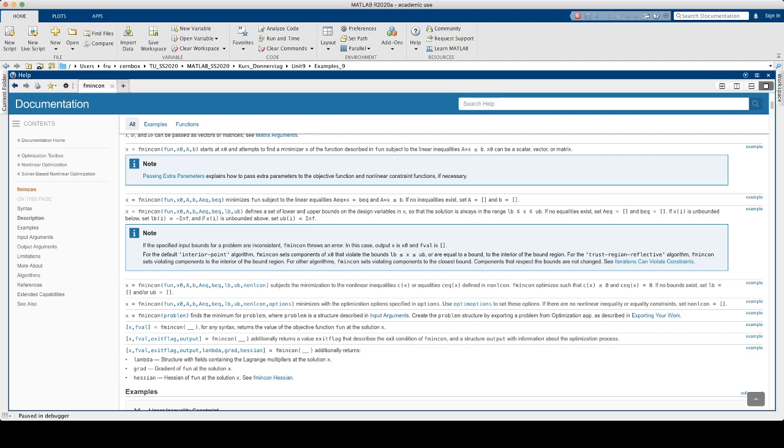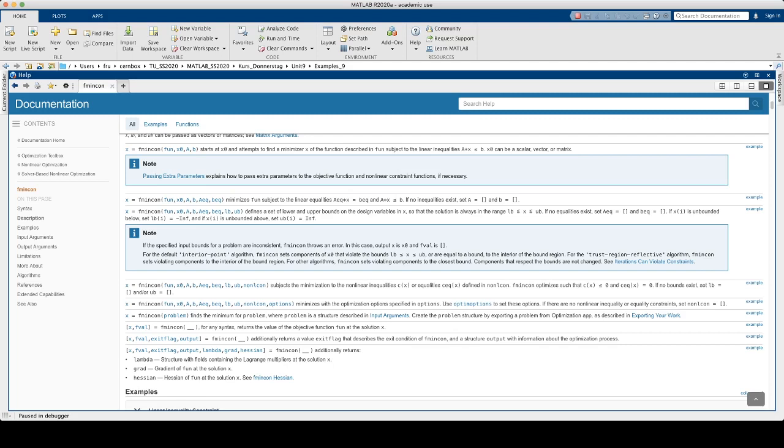X in our case is the coordinate vector, which consists of x and y, or x1 and x2. A is a matrix, and b is a scalar. So we have to reformulate the constraint such that it is expressed in the form A times x less or equal to b.